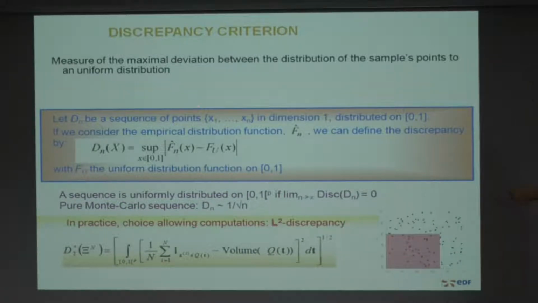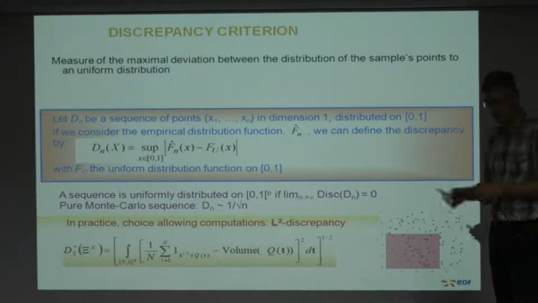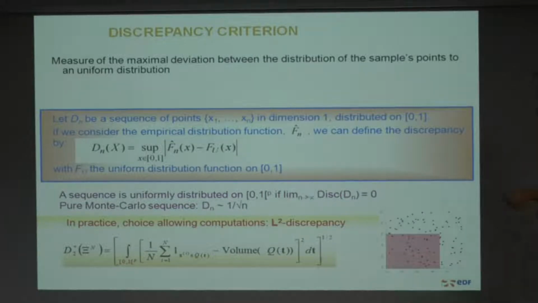Yes, I'm sure. Okay, so this is in dimension 1, but in dimension 1 it's not interesting to look at this kind of thing. Here we want to work in dimension 2 or larger. A pure Monte Carlo sequence has a discrepancy of this kind of order.